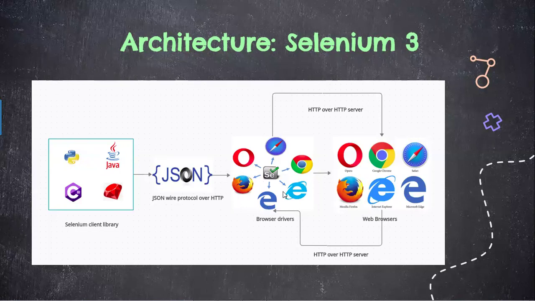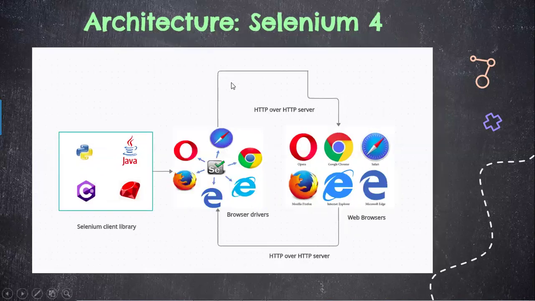Don't worry, we will discuss this while we are doing the practical things, and you will understand. When you come to Selenium 4, there is no JSON wire protocol. We communicate with the browser directly with the W3C protocol.